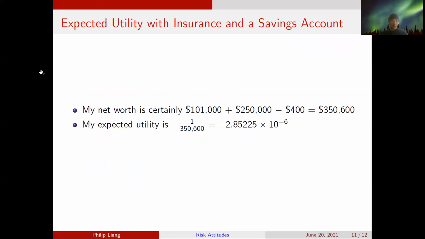And then if I have insurance and a savings account, my net worth is certainly my savings account plus my house minus my insurance payment, which comes out to $350,600, and my expected utility is minus 2.85225 times 10 to the negative 6.